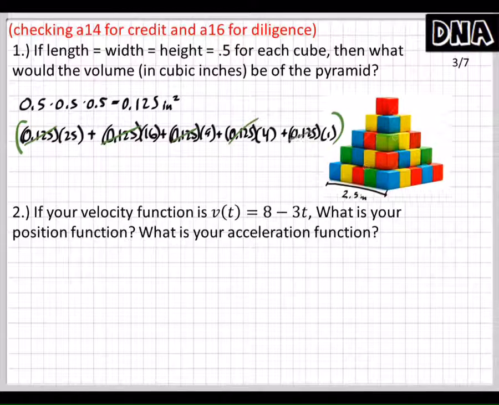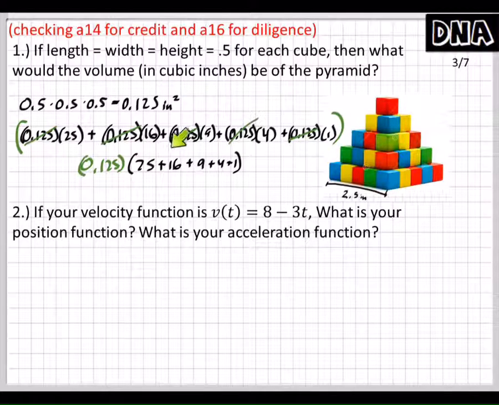I could take this out of the whole thing, and I would have 0.125 multiplied by 25 plus 16 plus 9 plus 4 plus 1. So if I add all those together, I think you get 55, right? So I multiply 55 by 0.125. This should give me the same answer, shouldn't it?